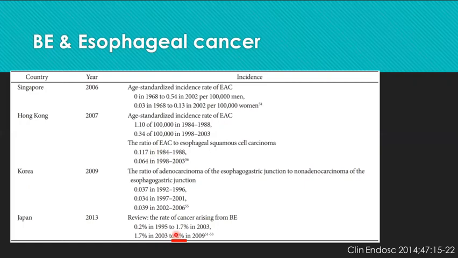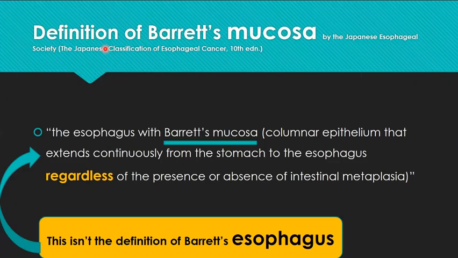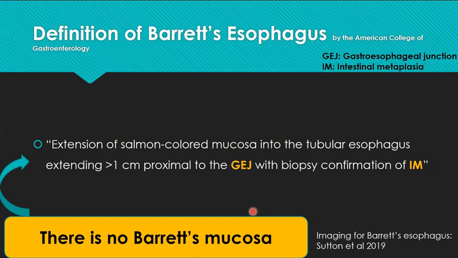Probably because they made their own definition. The Japanese Society made Barrett's mucosa. This isn't the definition of Barrett's esophagus. On the other hand, Western doctors, the American Association, made no Barrett's mucosa, they have only Barrett's esophagus.